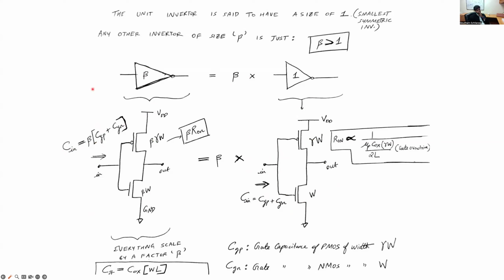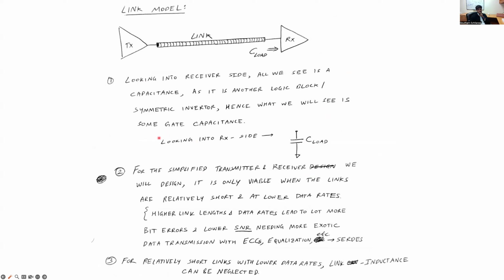So what we find is that the beta inverter is going to have an input capacitance which is beta times that of a unit inverter, and the on resistance of the beta inverter is going to be 1 over beta times the on resistance of the unit inverter. So what does that mean?